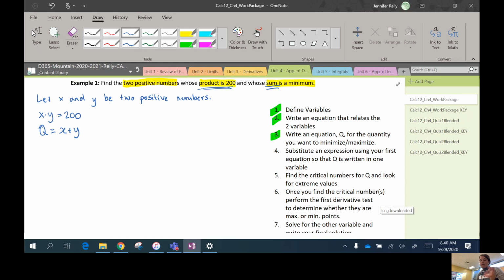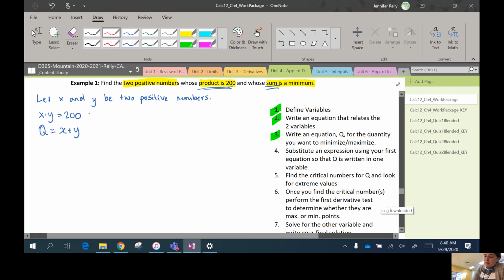Right now, this quantity equation is written in 2 variables, X and Y. When we want to take the derivative and find the minimum, it's going to be difficult because we've got 2 variables instead of what we're used to, which is only 1. So what you want to do is rewrite your first equation in terms of one of the variables.